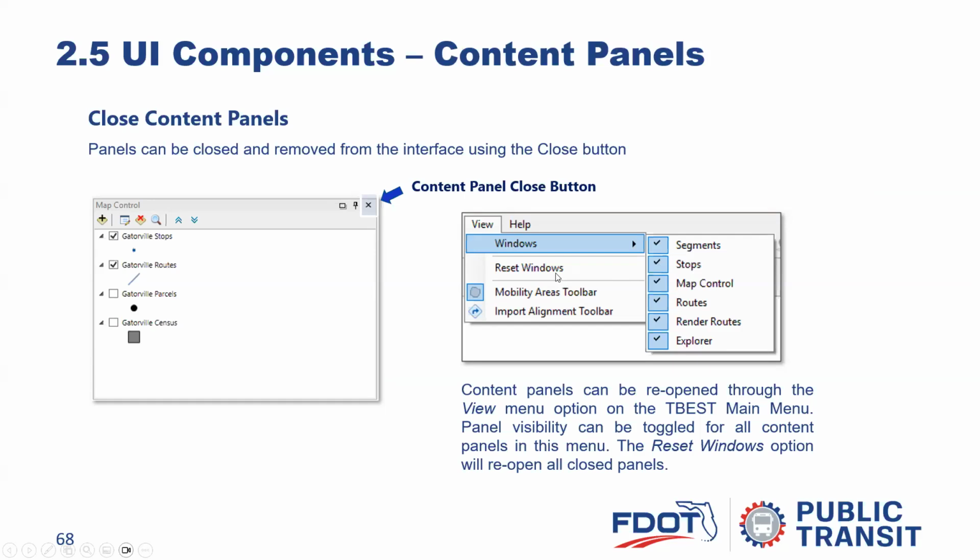You can also use the reset windows, and that will basically reset all the windows to their default form, so even if you're docking them in different places, it will return them all to their original location. All right, so that's very handy if you're using TBEST to do a lot with the panels.